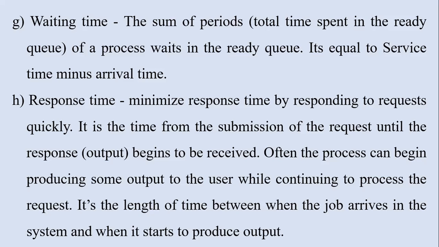It is the time from the submission of the request until the response or output begins to be received. Often, the process can begin producing some output to the user while continuing to process the request. It's the length of time between when the process arrives in the system and when it starts to produce output.